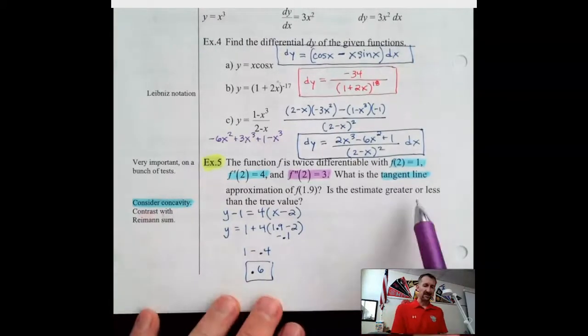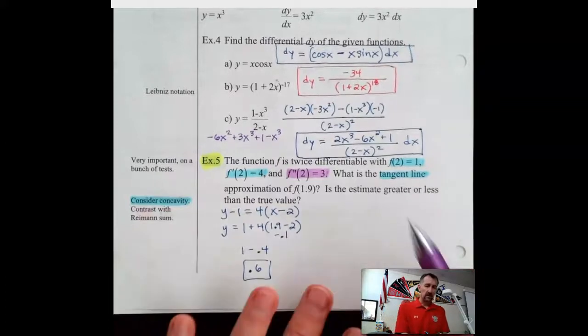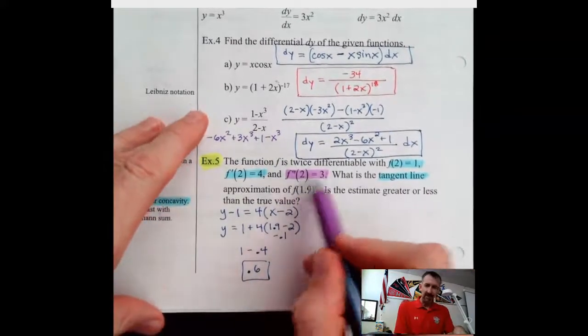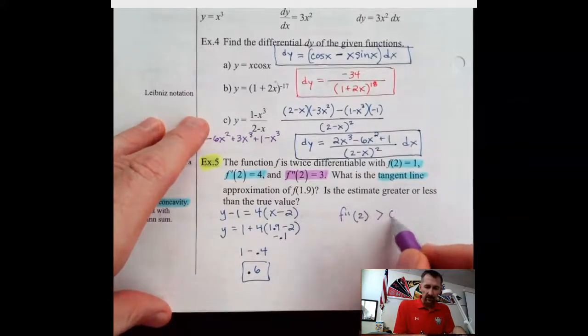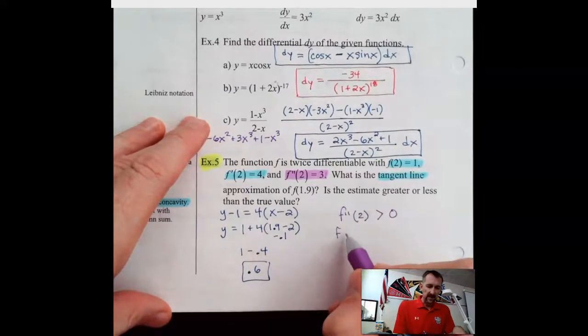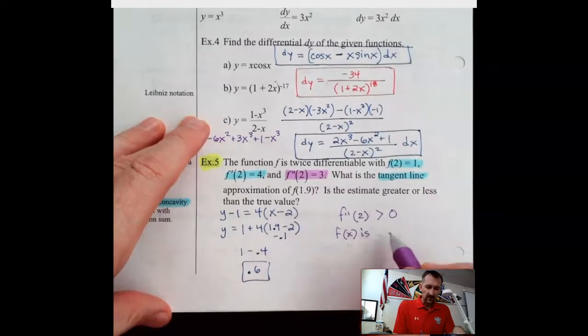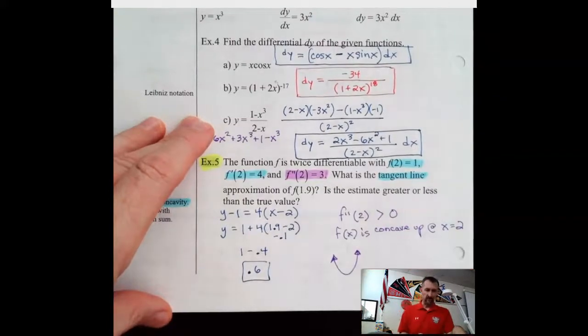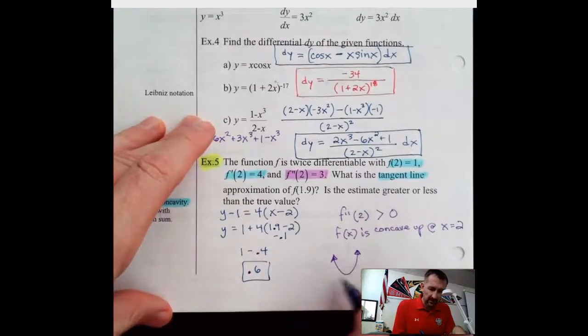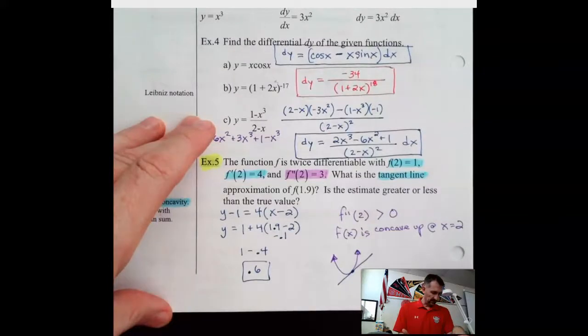Now it says, is that greater or less than the true value? So if we look at the second derivative here, let's think about what that means. We have the second derivative is greater than 0. So that means that f of x is concave up at x equals 2. So if it's concave up, and we're doing a tangent line, no matter where we put the tangent line, this side or this side, the tangent line is going to be below the actual value.